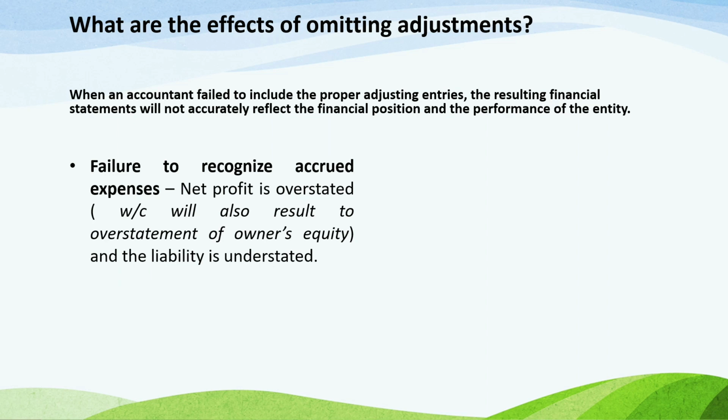For example, failure to recognize accrued expense: if you did not prepare debiting the expense and crediting accrued expense, the net profit is overstated because your expense is lacking.